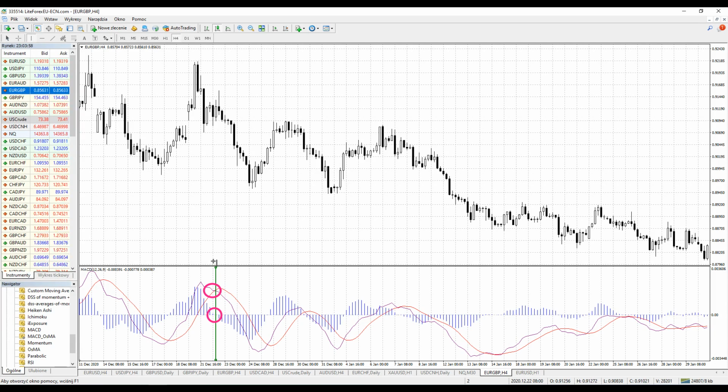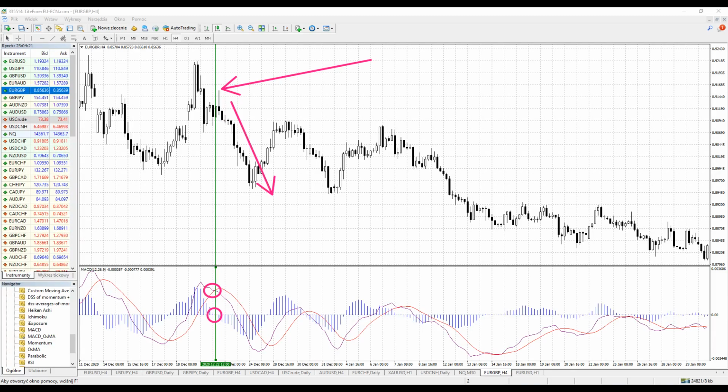We have two things signaling a possible downside move, and yes, it really happened, but it depends on where your stop was. That was possibly a stop count as well, right? After the stop count, we started to move down.